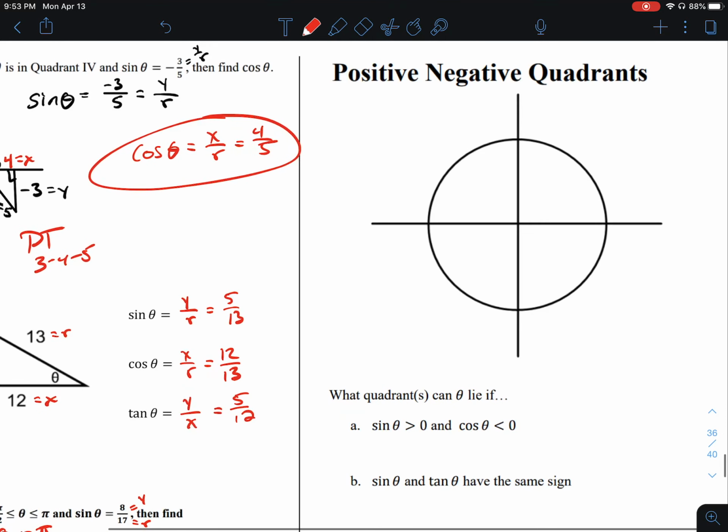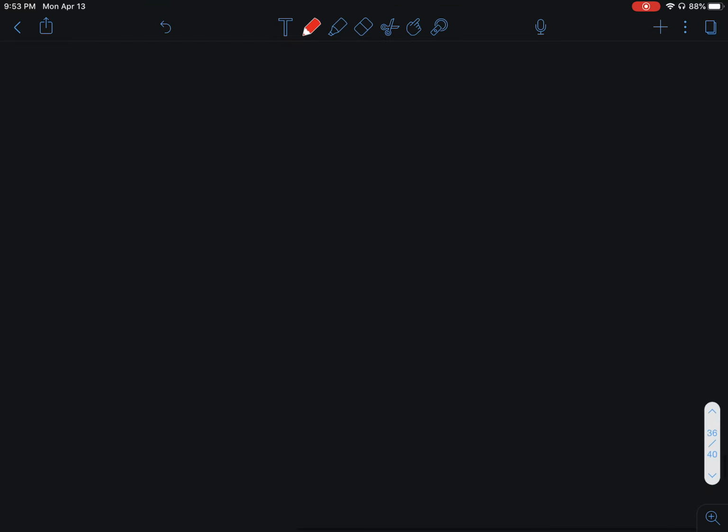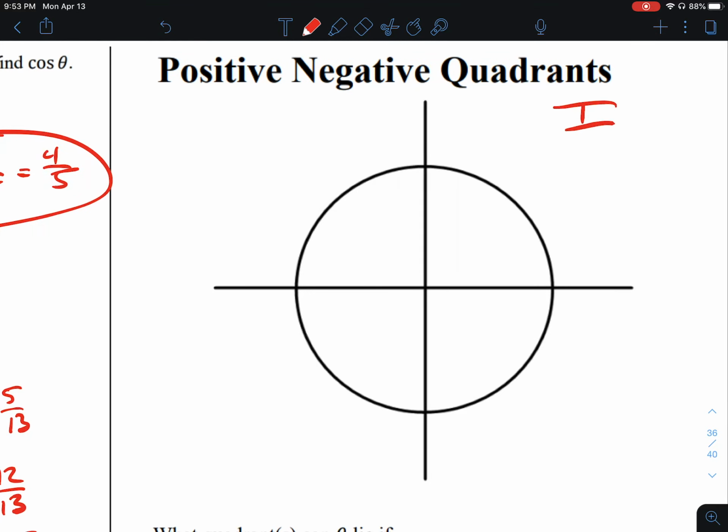Try to sum up some of this stuff. Positive and negative quadrants. In quadrant 1, you're going to have to go right and up, which means x and y are both positive. Since r is always positive, all of the trig functions in quadrant 1 are going to be positive, because in all cases, you're dividing numbers that are positives by numbers that are positives.